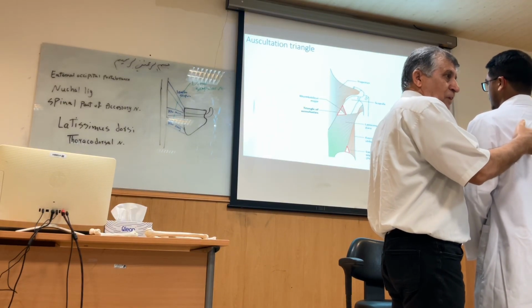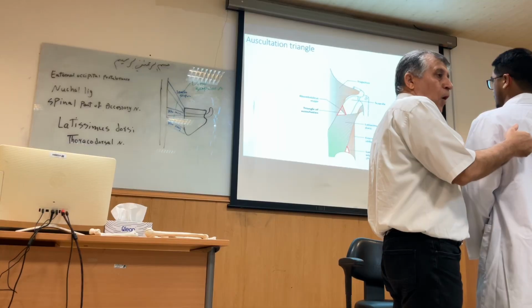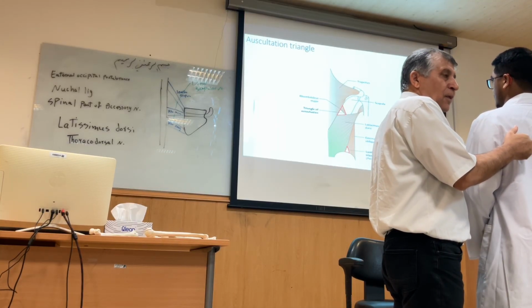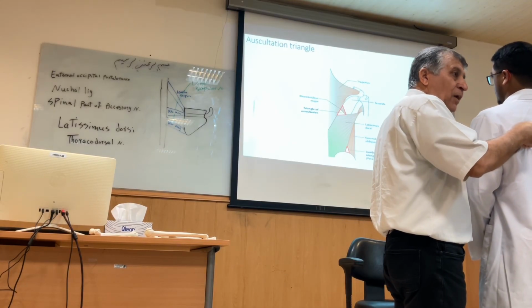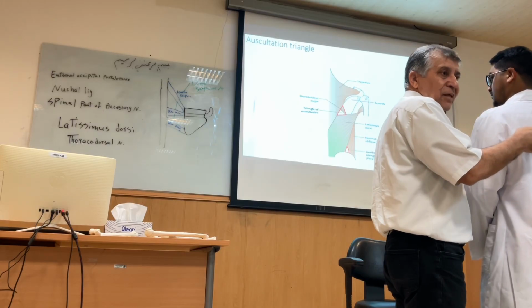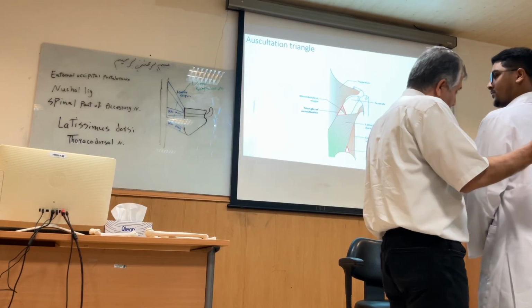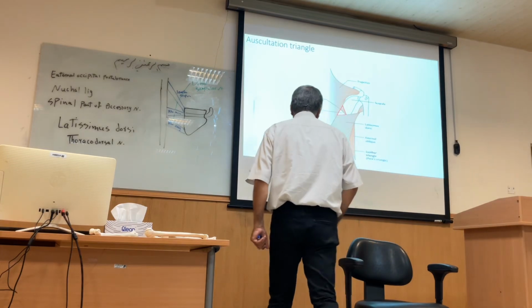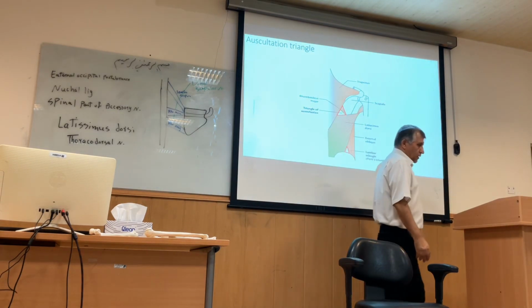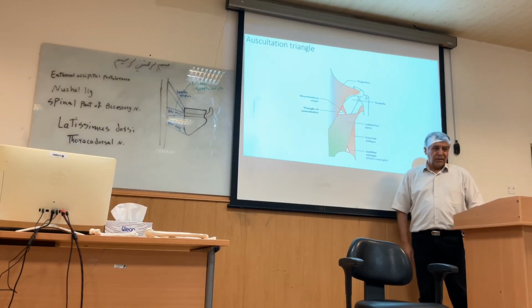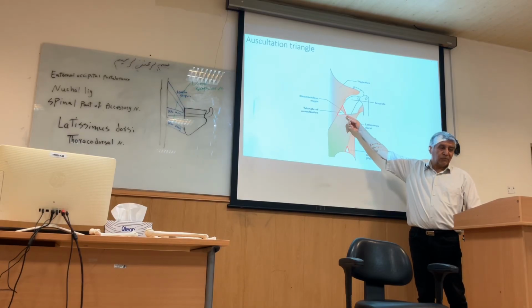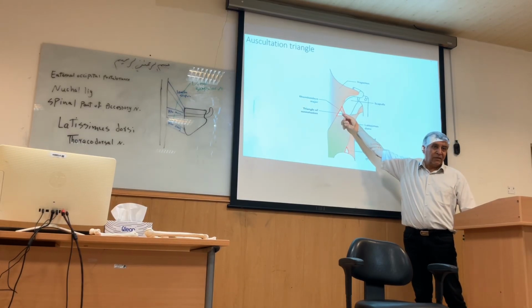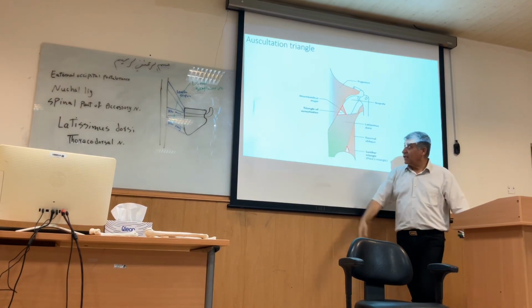What's the function of this triangle? When I want to listen to the movement of air into the lung, I use this triangle. So when you find the inferior angle of the scapula, medial to it we can find the auscultation triangle.